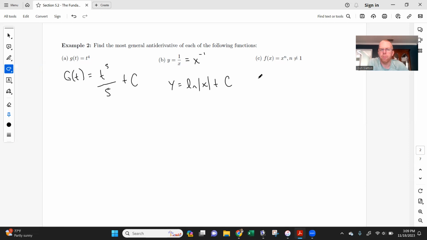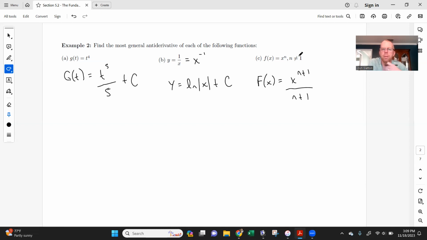All right, and then probably for c, you can probably figure this out based on part A and number 1. To get the antiderivative, like I've alluded to, we are just going to add 1 to the exponent and then divide by that new exponent. And I should probably say n is not negative 1.